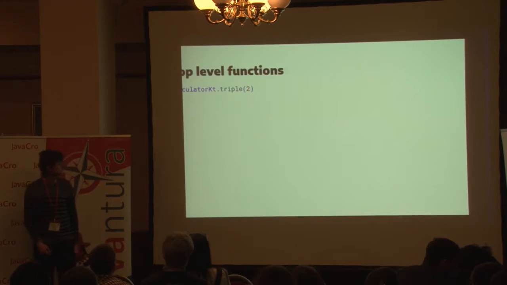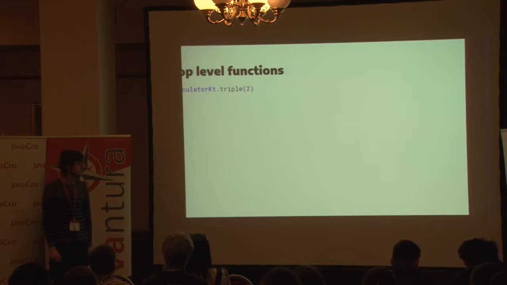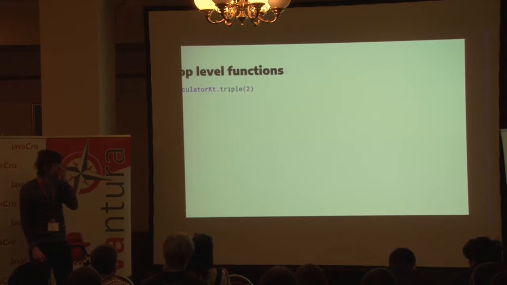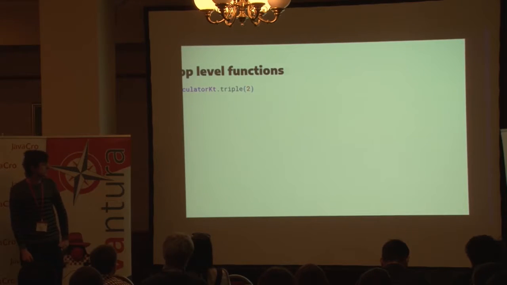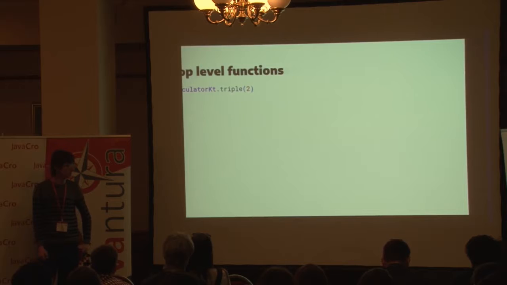What we'll do next is go line by line and fix the mess from the slide at the beginning. Let's start with this top level function. As you can see, it's called similar to Java static methods, but there's this weird KT in the name. What happened there is that by default Kotlin will take top level functions and compile them into a new file, and it will just append KT to the Kotlin file name.